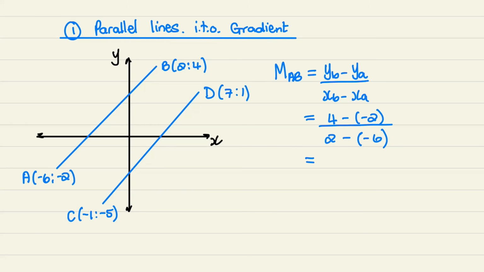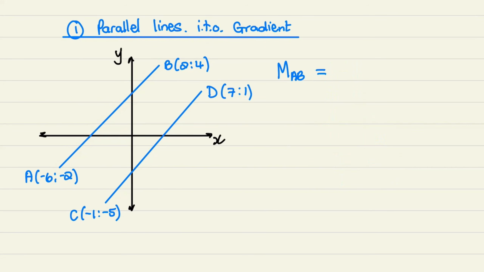So when I simplify, I have 6 over 8. And if I simplify the fraction, I have 3 over 4. So we can see that the gradient of line AB is 3 over 4.